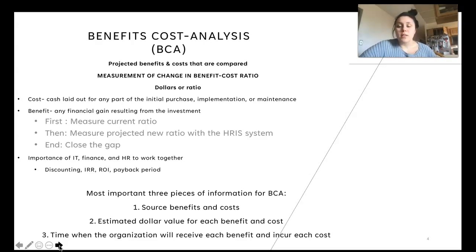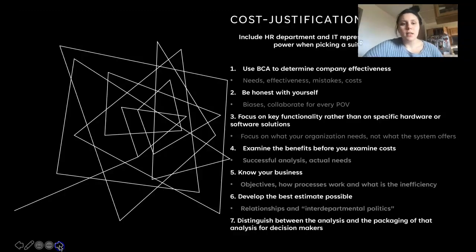And HR, who has all the access to the information, it's important they all work together for the best system possible. The most important three pieces of information are source, benefits, and cost; estimated dollar value for each benefit and cost; and the time when the organization will receive the benefit and incur the cost. This can be something that could become monthly. This could be something that can be added on as employees are added on.